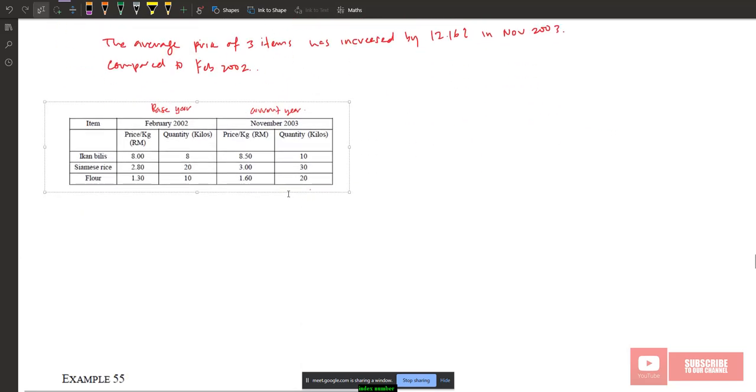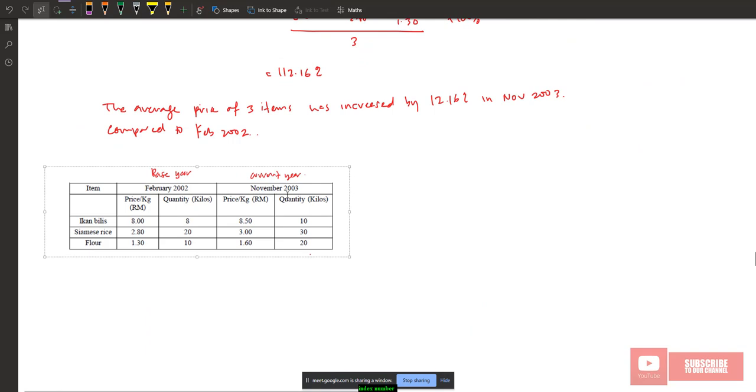So for C, we want to find the aggregate quantity index for November 2003, right?